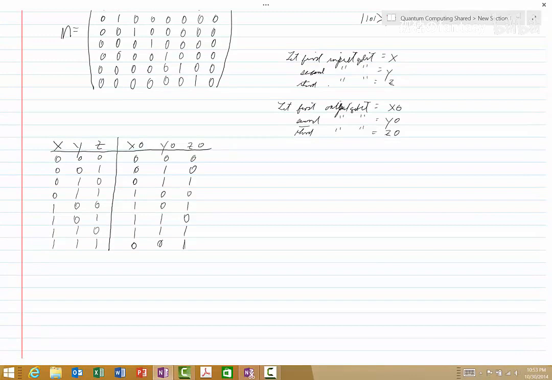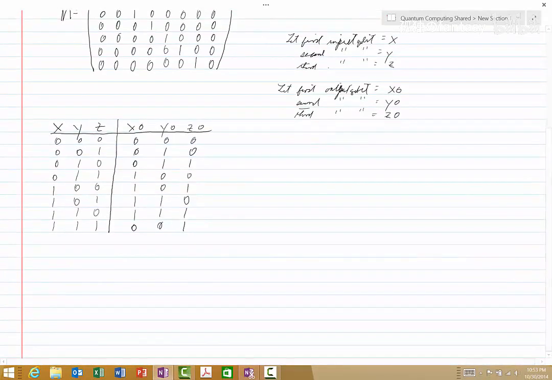So now that we have this information, we can find a min-term expansion for each of these functions. And let me show you what I mean there. Okay? Since XO is equal to 1 when X is 0 and Y is 1 and Z is 1, that means that XO is equal to X prime Y Z. Notice that this expression right here is a min-term because it involves all of the input variables.